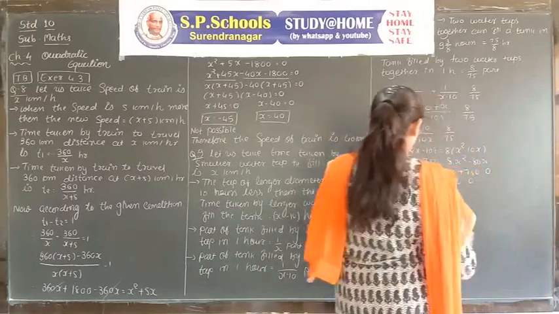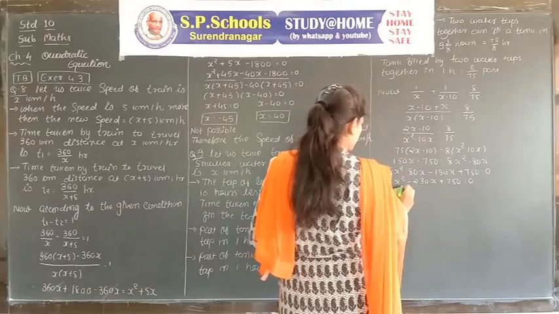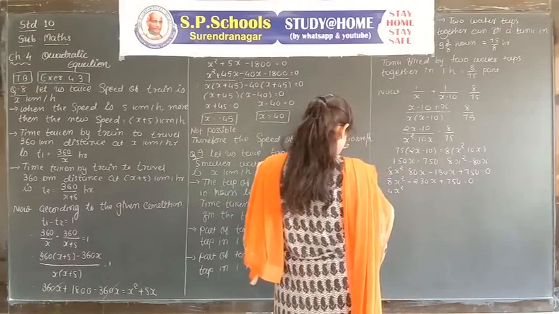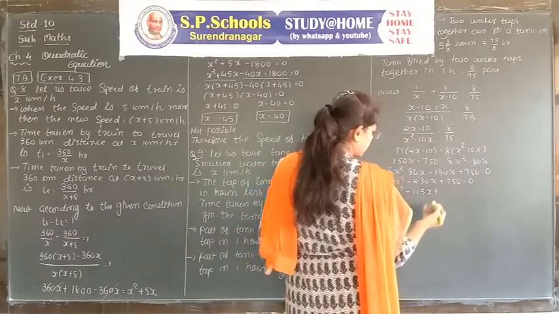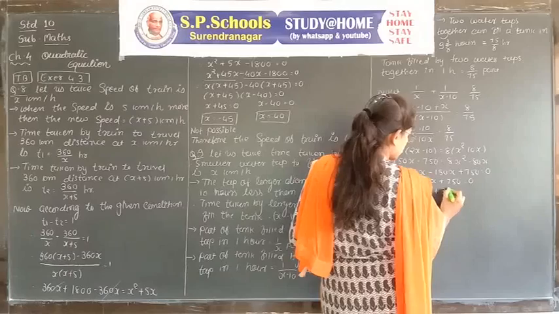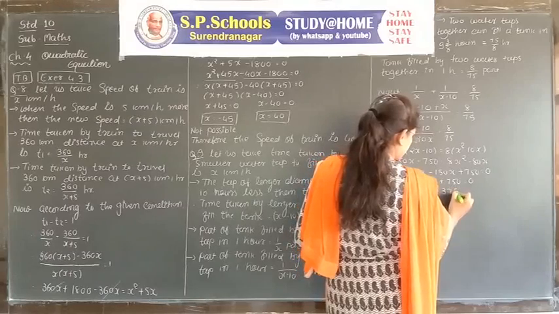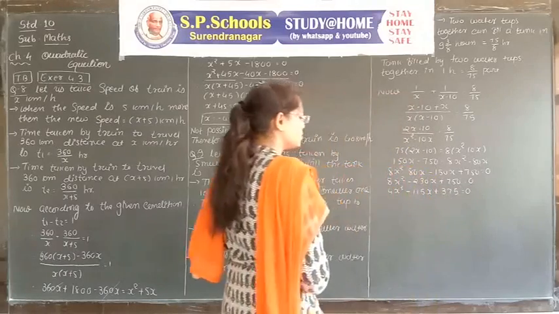Let us take 2 as a common factor, means that 4x square minus 115x plus 2 3s are 6, 2 7s are 14, and 375 is equal to 0.